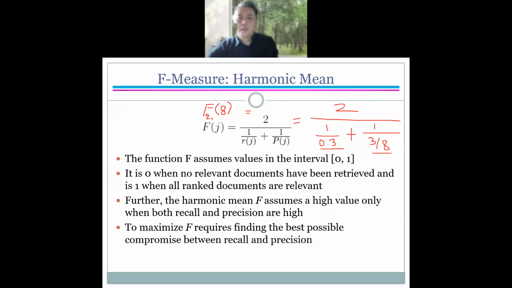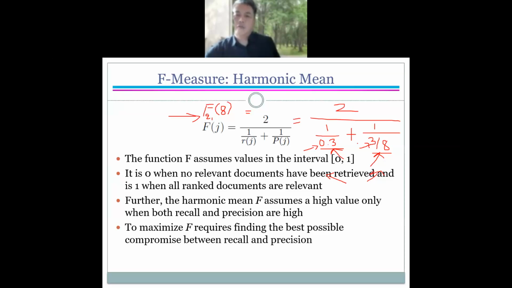Notice that if your recall is 1 and your precision is 1, the whole thing will become 1. If this is small and this is small, your F score will be lower. If this is high and this is low, or this is high and this is low, you will not get a high F score.